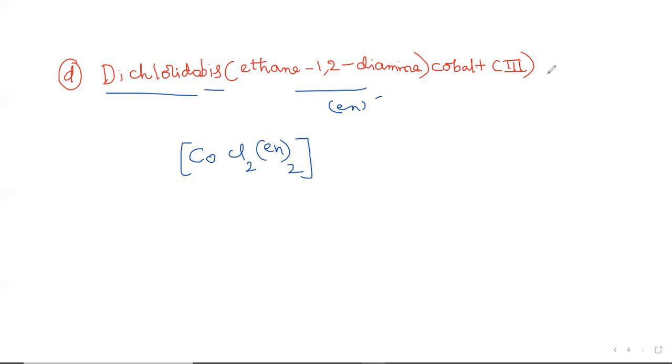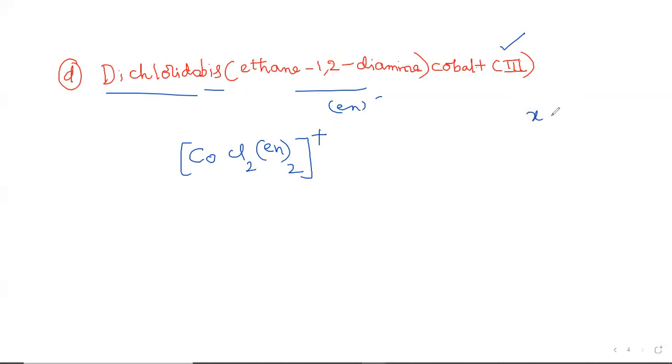But the name indicates that the oxidation state of cobalt is 3. To fulfill this oxidation state, there should be a positive charge over the coordination sphere, as it is a cationic complex ion they have given, not the complete formula. How did this plus 1 charge come?